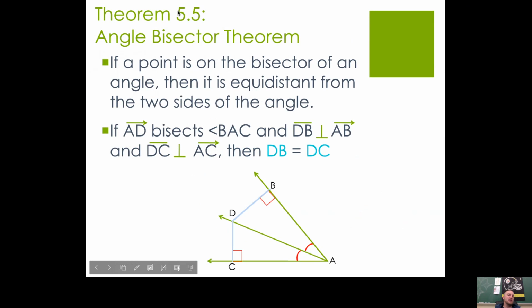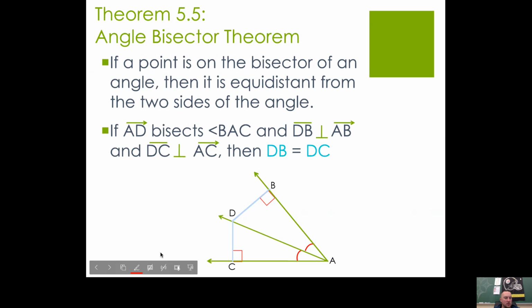The reason we went over that is so that you understand this next theorem, the angle bisector theorem. If a point is on the bisector of an angle, like point D, then that point is equidistant from the two sides of the angle. So if you have an angle that's bisected where these angles are the same, then what do you know about these lengths here?